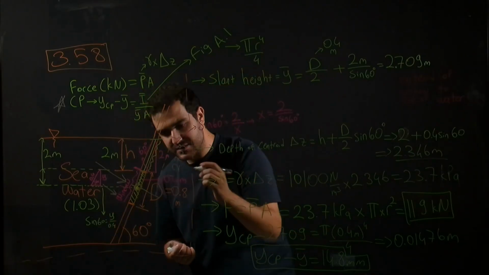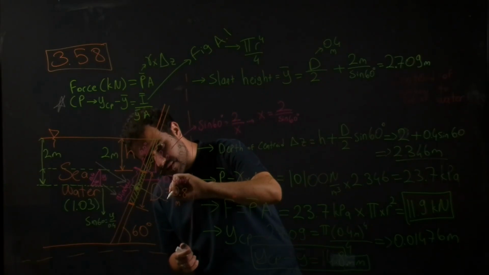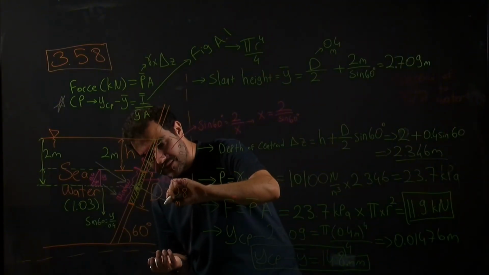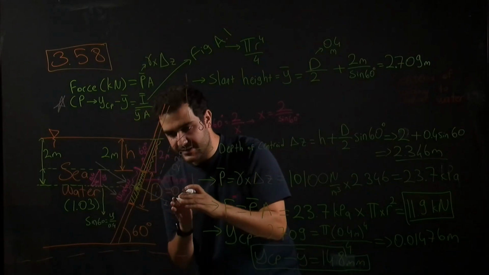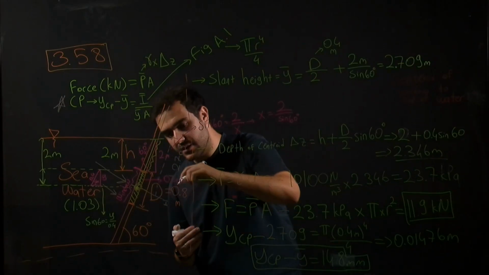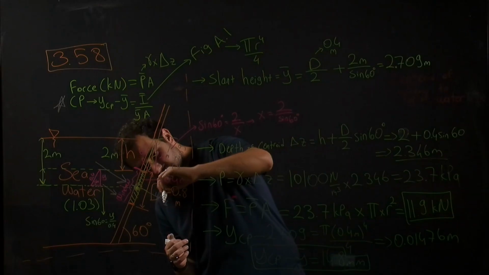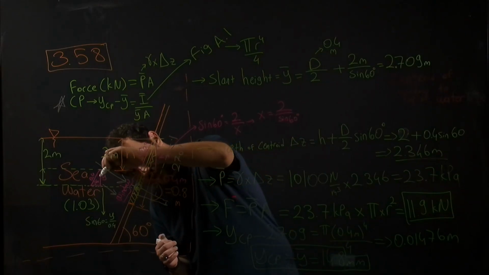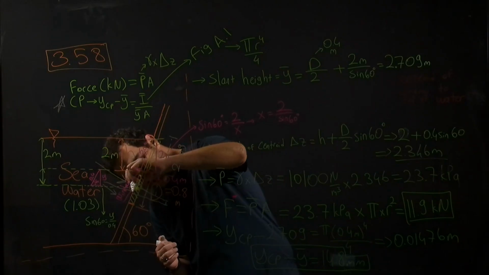In other words, we have the centroid, and center of pressure probably will be here. Of course, it should be much smaller than that, but we can say it is here. So the correct center of pressure is almost here.